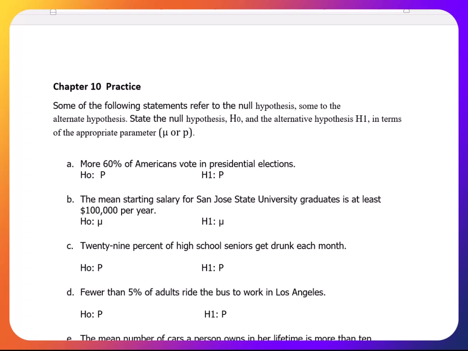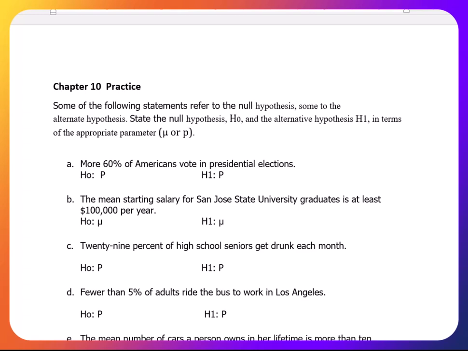So let's begin with step one, how to state the null and the alternative hypothesis, H0 and H1. More than 60% of Americans vote in presidential elections. You know, the null hypothesis is a statement of equality. It has to have the equal sign. Anything that has an equal has to be in H0, and anything that has greater than, less than, or not equal to has to be in H1.